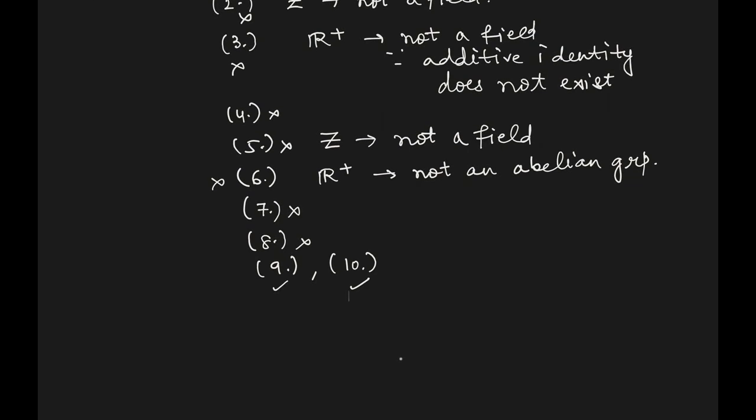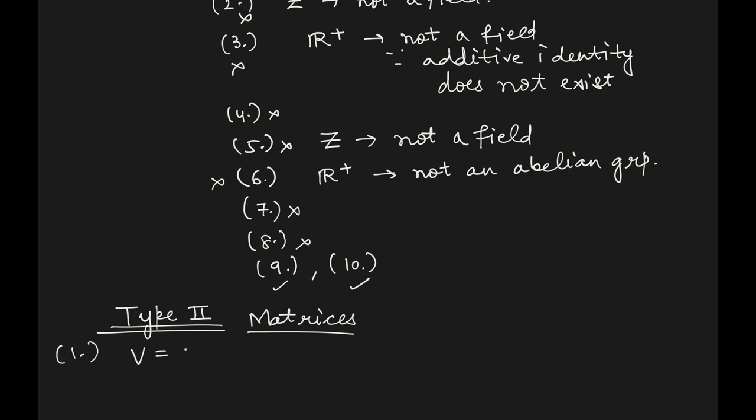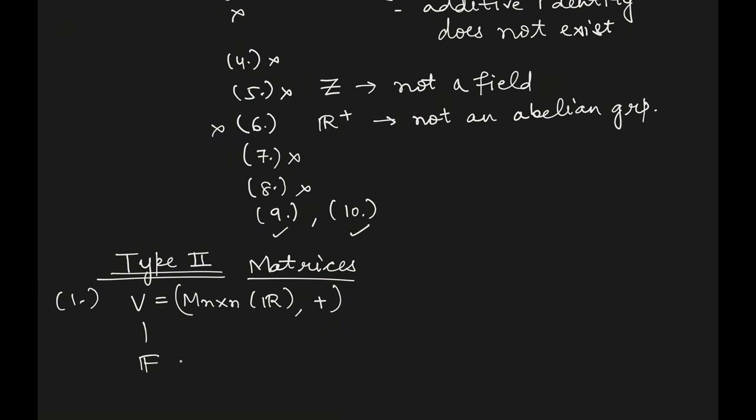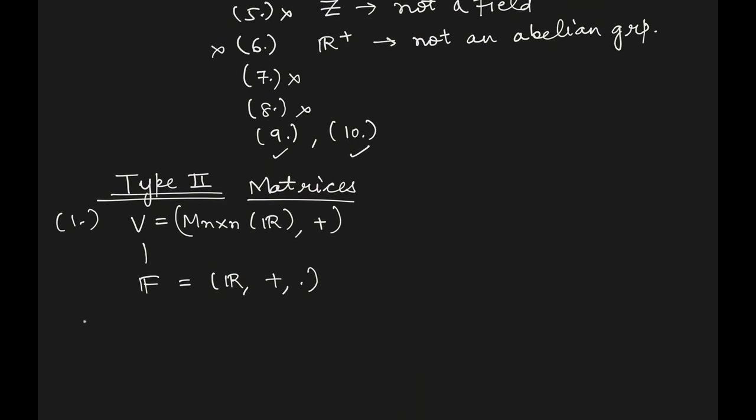Now type 2, for matrices. V is n cross n matrices like this, and the field is real with respect to plus and dot. Now here also it can be easily checked.